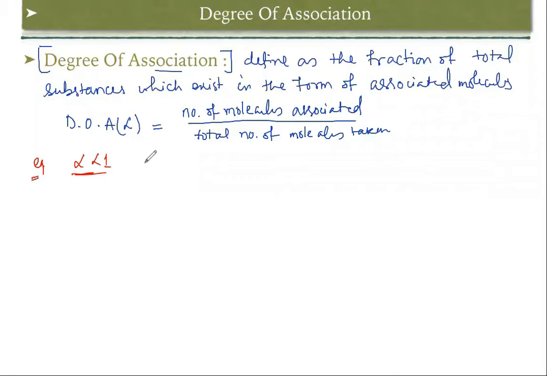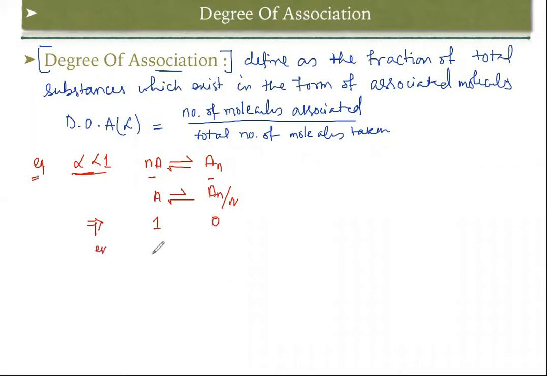For association, let's suppose n moles of A associate and form An. So n molecules of A associate to form only a single molecule, that is An. Now if we want to calculate 1 mole, it will be An divided by n. Coming to the equilibrium, initially let's suppose 1 mole is there and the product is 0.